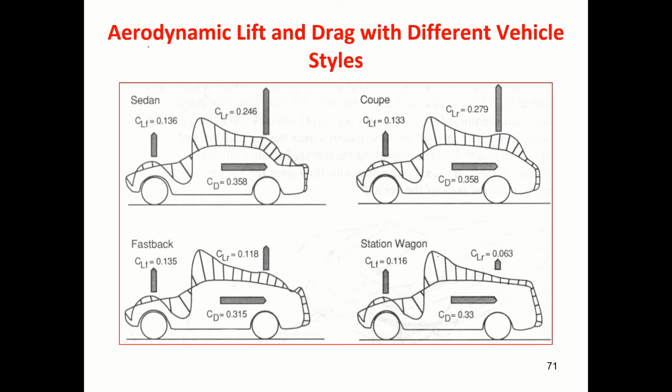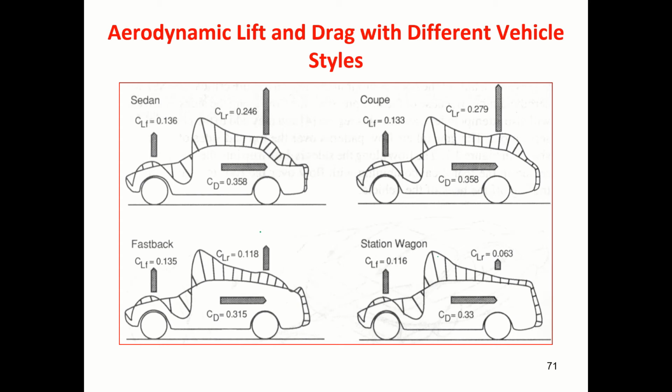So you can see here aerodynamic lift and drag with different vehicle styles also. It will be different for notch back, square back, fast back, hatchback. So from these kinds of analysis, like from wind tunnel tests, we can find out the coefficient of drag of the vehicle.